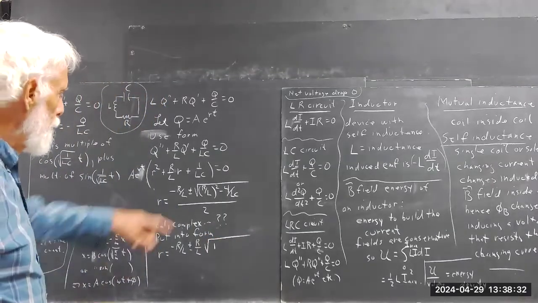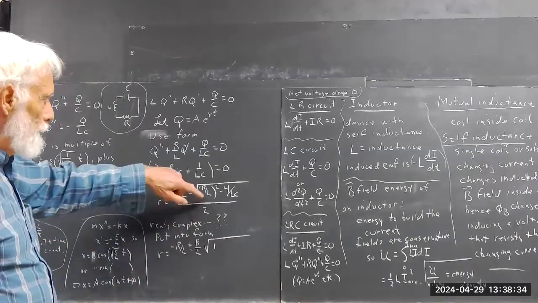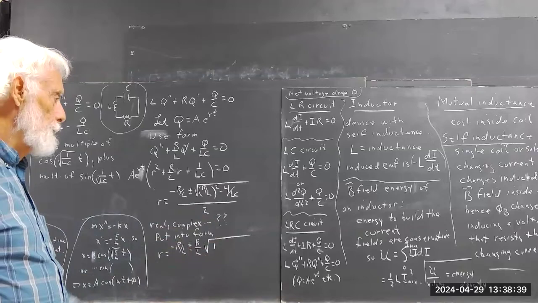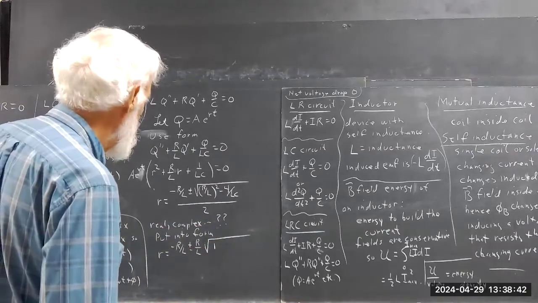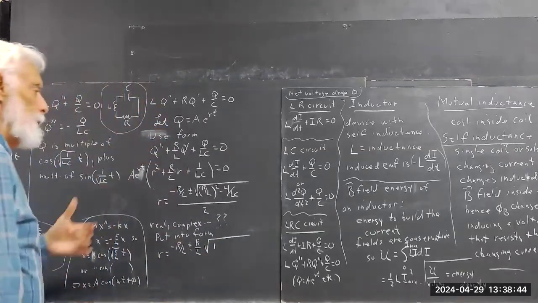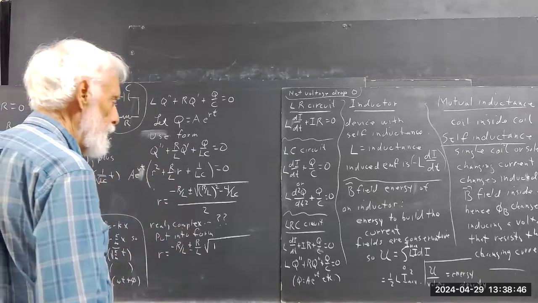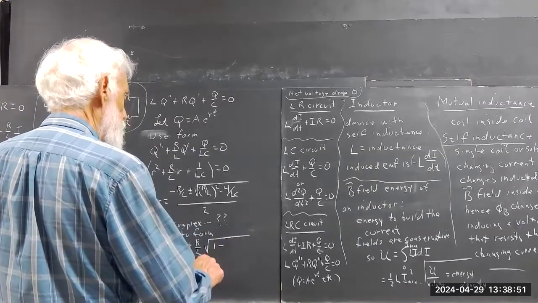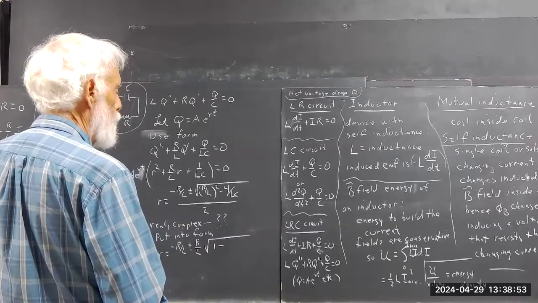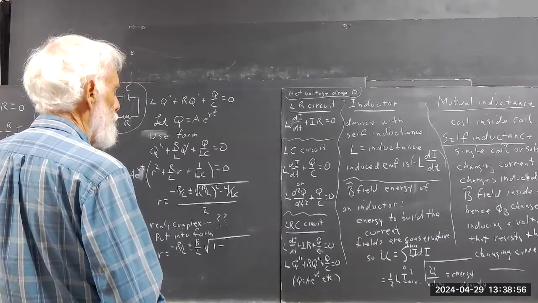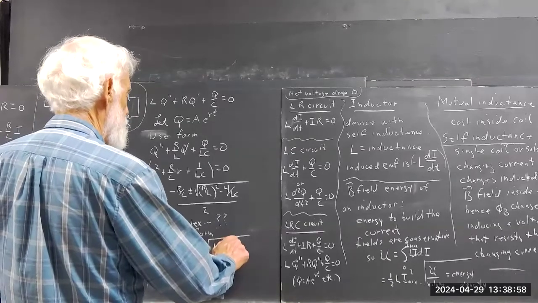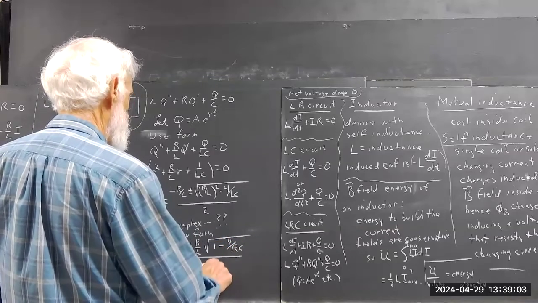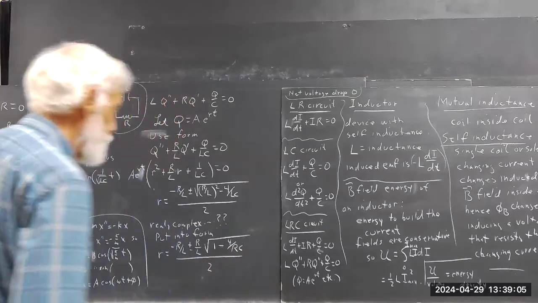If we factor R over L out of here, then the R over L squared is going to become 1. And then it's like we're multiplying by L over R squared in there. If we multiply by L over R squared, we get 1 minus something over RC, all that over 2.